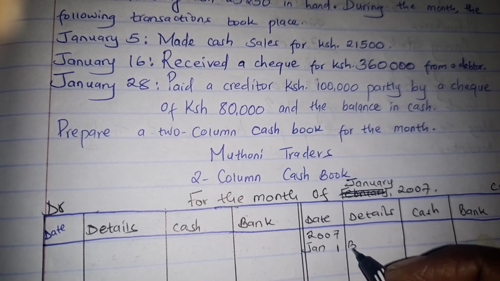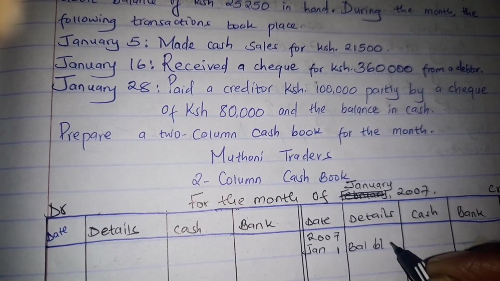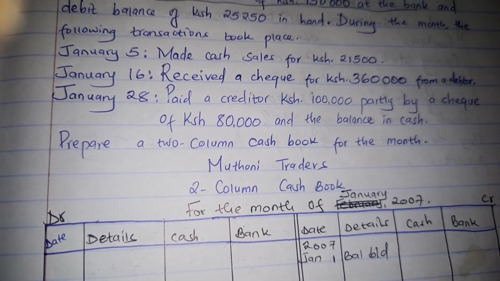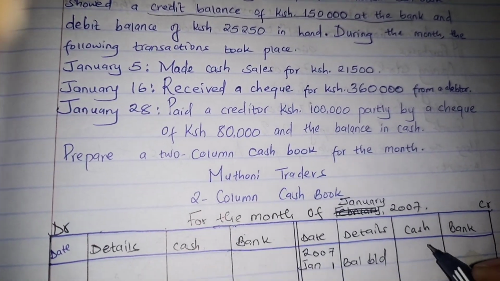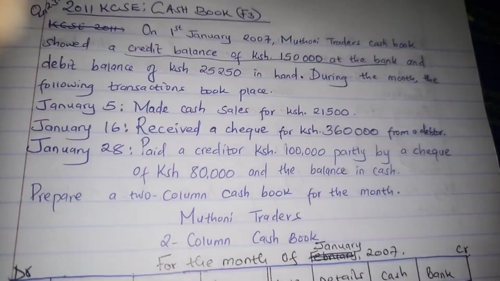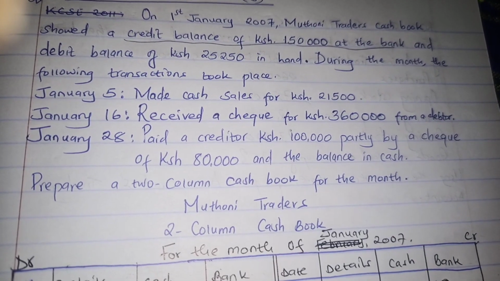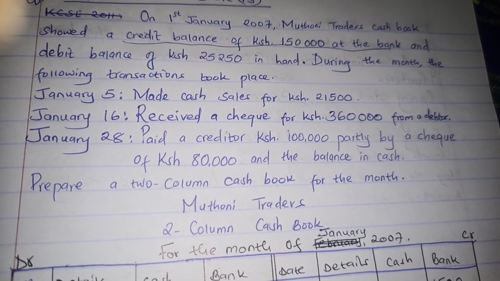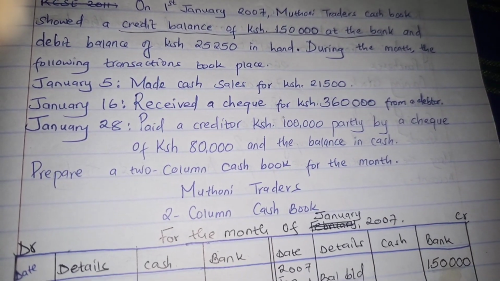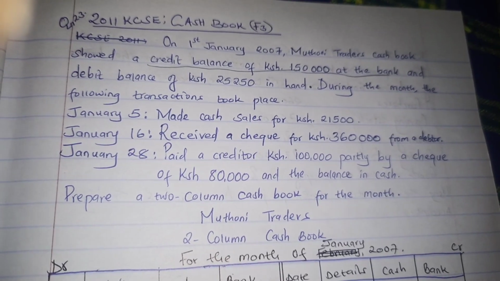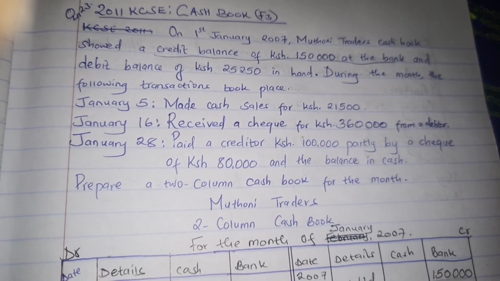So this is the balance that was brought down from the previous month. And in bank, we are told the balance was 150,000.